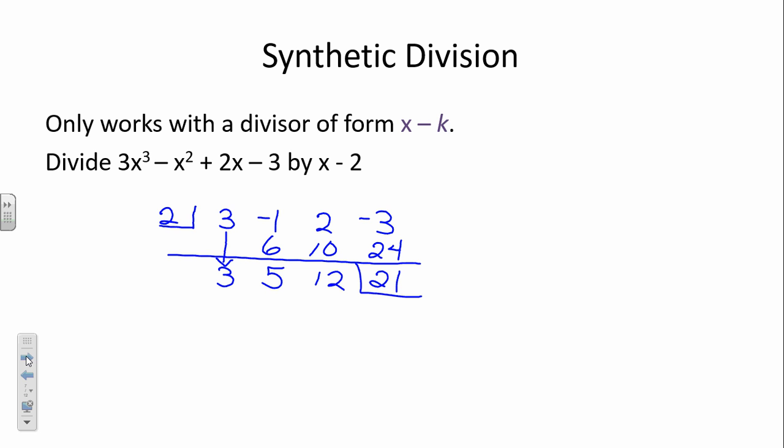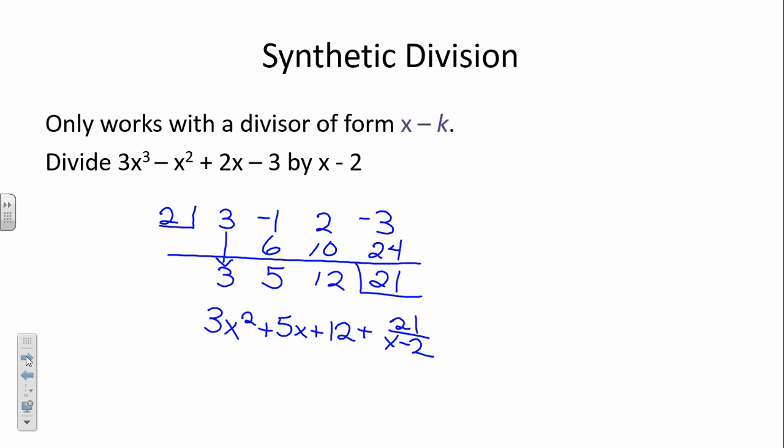That guy is your remainder. So this is no longer an x cubed. It's been depressed by 1. So this is now a 3x squared, a 5x, a 12, and the remainder of 21 over what we divided by.